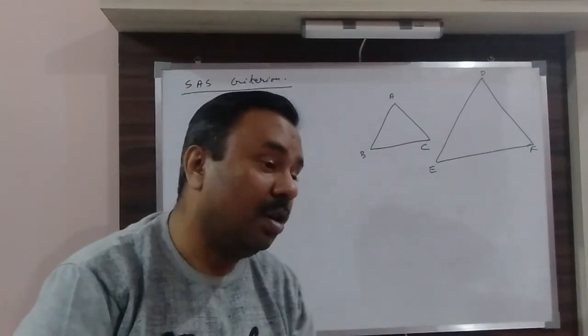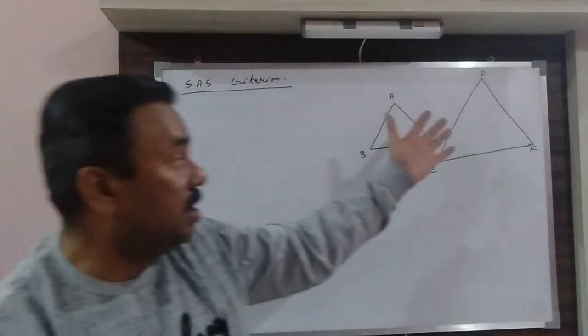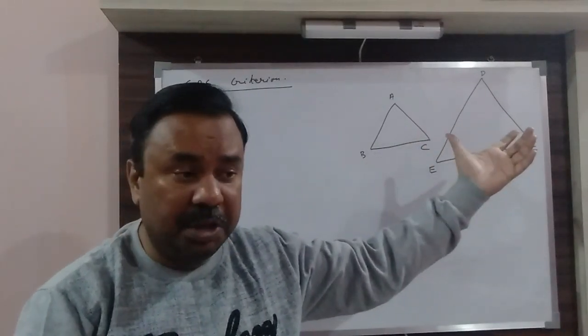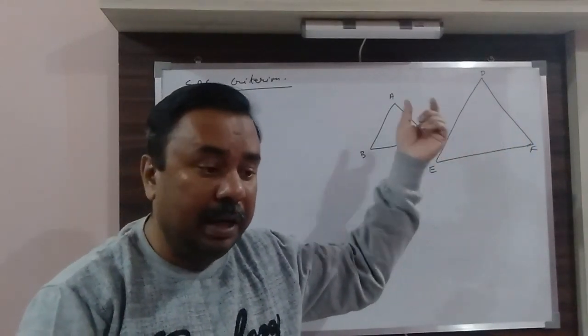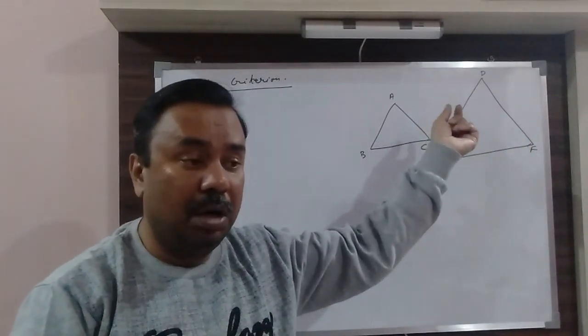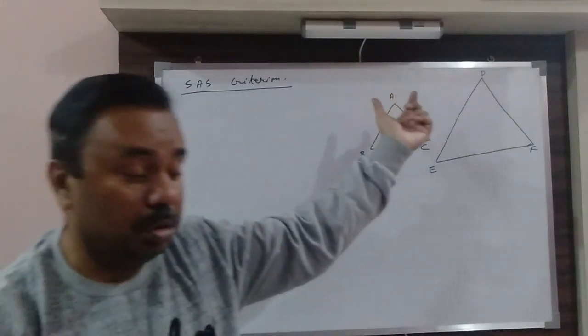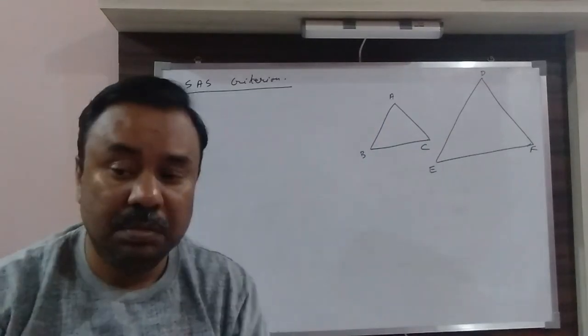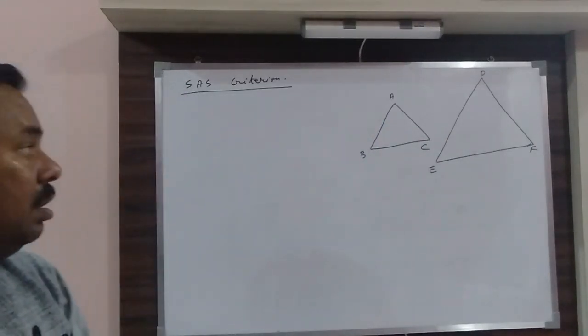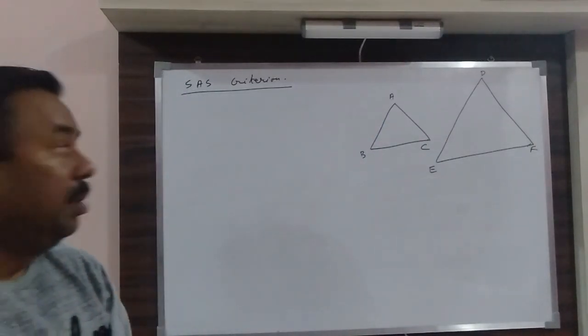In other words, if two sides are in the same ratio and the included angle between those two sides is equal, then the triangles will be similar.